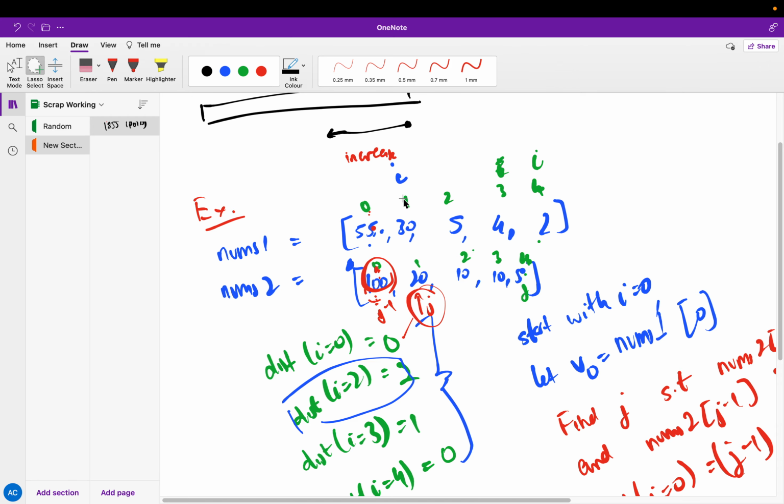And we could start again at 0, but we know that j should be at least 1. In fact, j minus 1 will be big enough for 30 because j minus 1 was big enough for 55, and the numbers are only getting smaller as we go to the right.